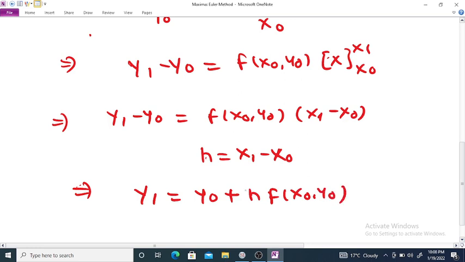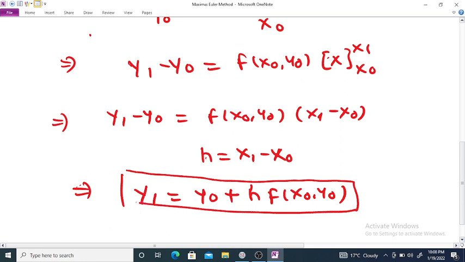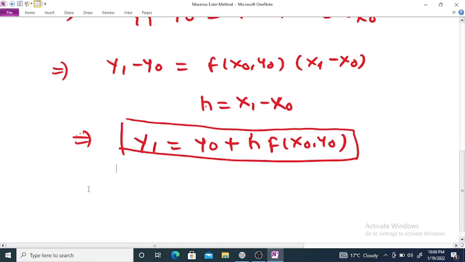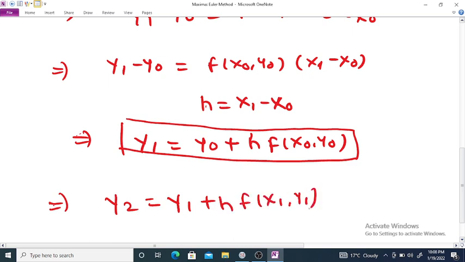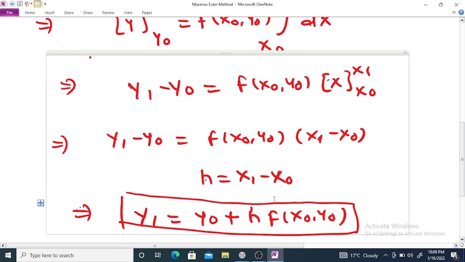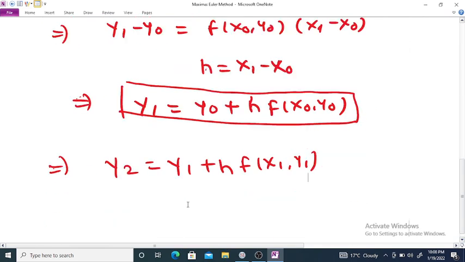So this is the formula to find the value of y1 at x is equal to x1. If we generalize this formula, similarly we can find the value of y2 as y2 is equal to y1 plus h f of x1, y1. If we apply the above technique again for x1, y1, this is the formula for y2.